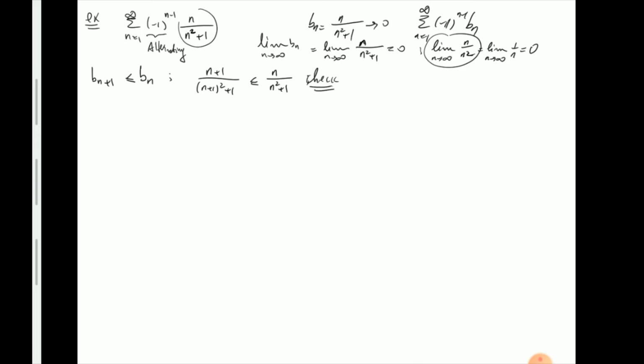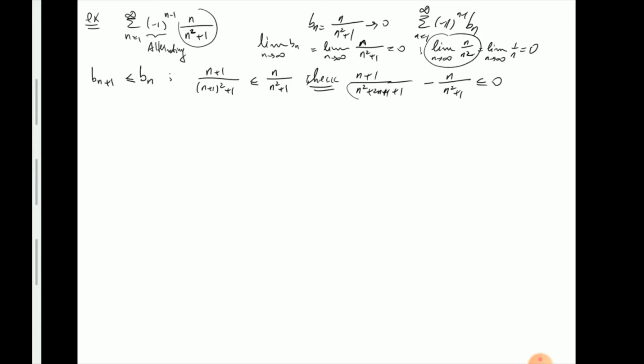Well, let's just do it via fractions. We need to check that (n+1) over, and let's expand the bottom, n squared plus 2n plus 1 plus another 1, minus n over n squared plus 1. We need to show that this is less than 0.